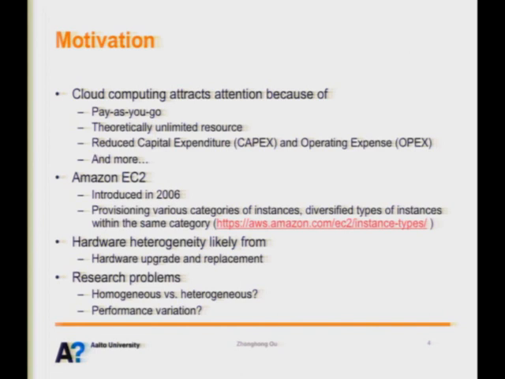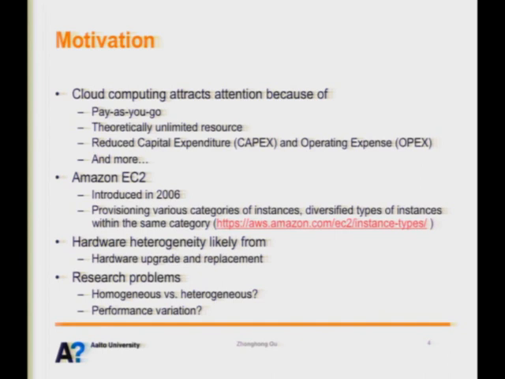Since Amazon EC2 was introduced in 2006, one could easily ask what the underlying hardware looks like. Will they use different hardware to support the instances, or very homogeneous hardware? And if heterogeneous hardware is used, what will the performance be like?